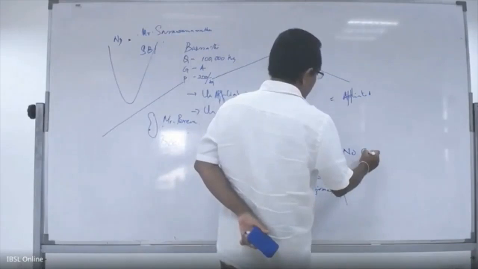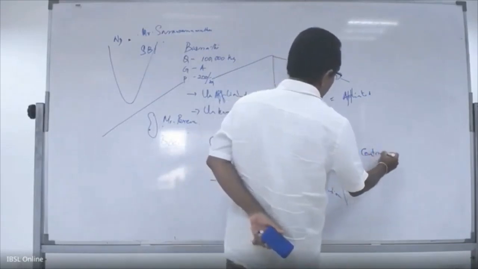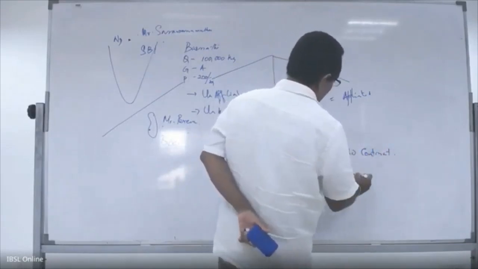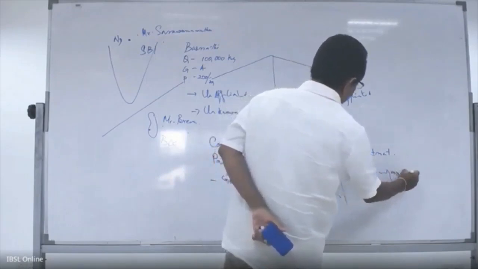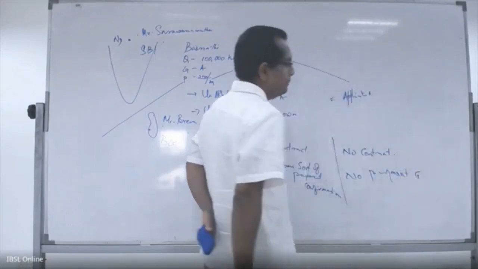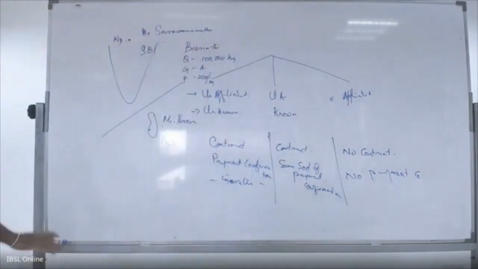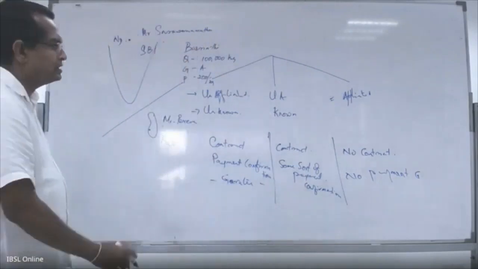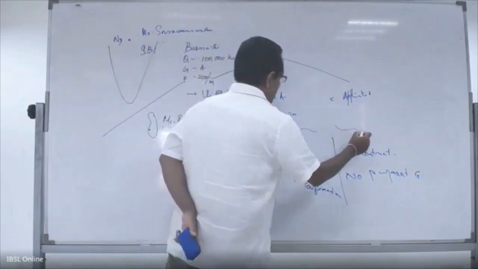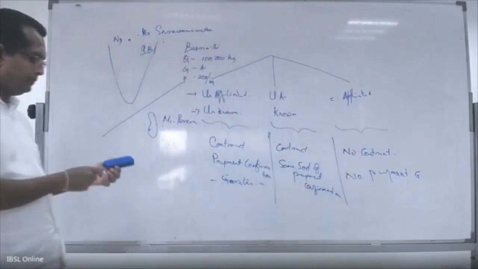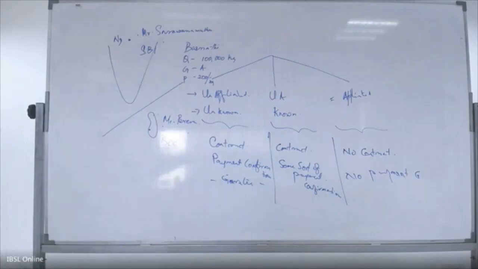No contract required, no payment guarantee required. Right? This is the type of transaction and relationships we will see in the market.